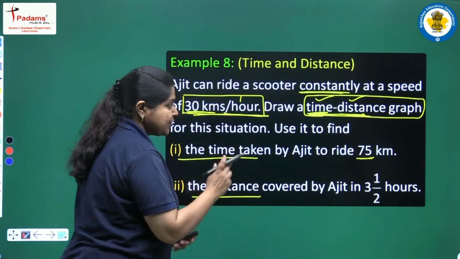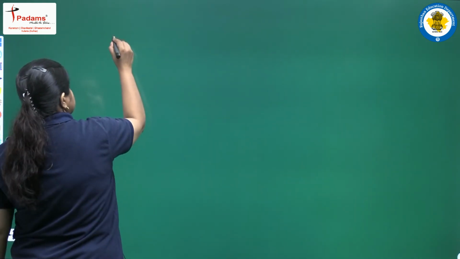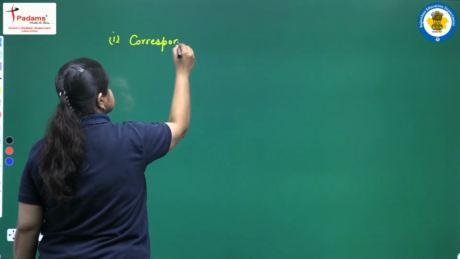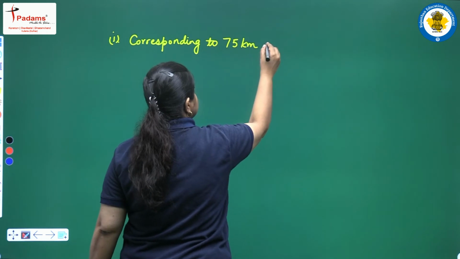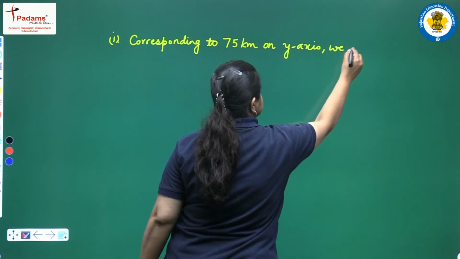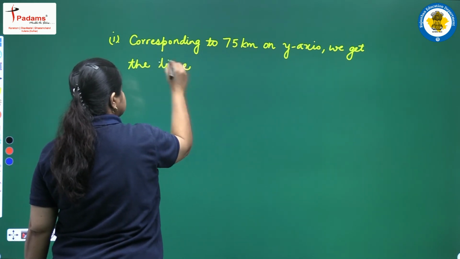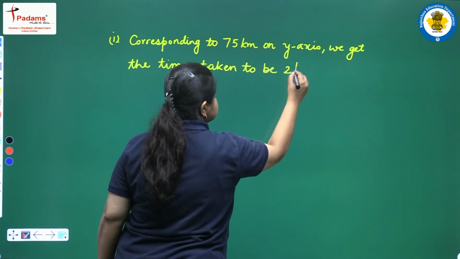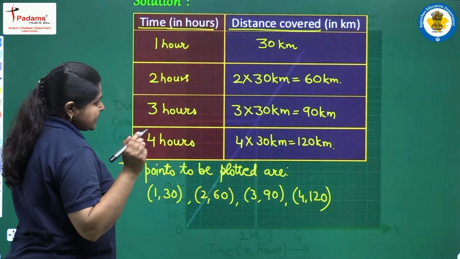The time taken by Ajit to ride 75 kilometers. We can write the answer on the next page here to the first part. Corresponding to 75 kilometers on vertical axis or say y axis, we get the time taken to be 2.5 hours. Okay, and so we can write the answer in terms of the question.